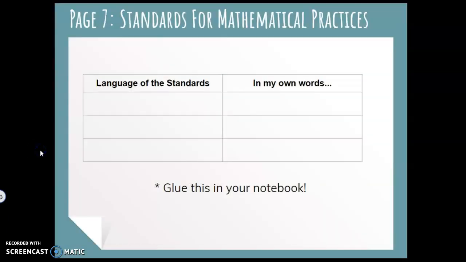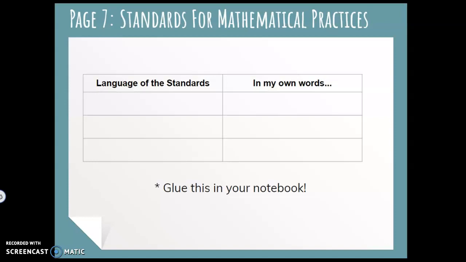Page 7, Standards for Mathematical Practice. You need to write that title at the top of your notebook, or page 7. You see that you have a copy of the language of the standards on your desk. What you're going to do is read what the standard says, and then you're going to write what you think it means in your own words.